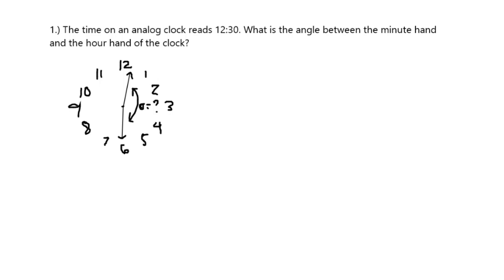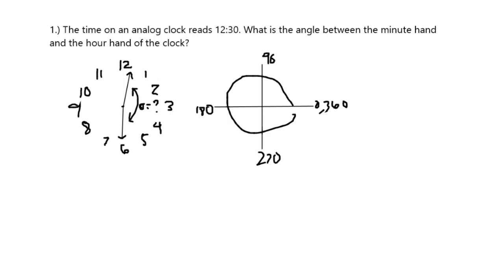So basically, nag-drawing tayo ng circular clock. That means it has a full 360 degrees. So if you have taken unit circle, we all know sa isang circle, we have 360 degrees.